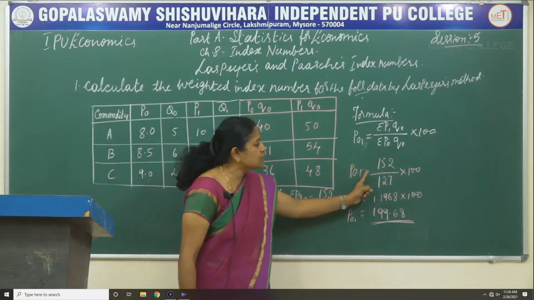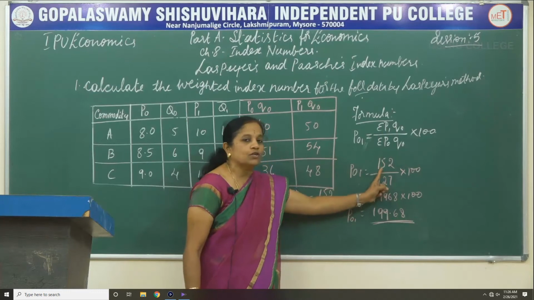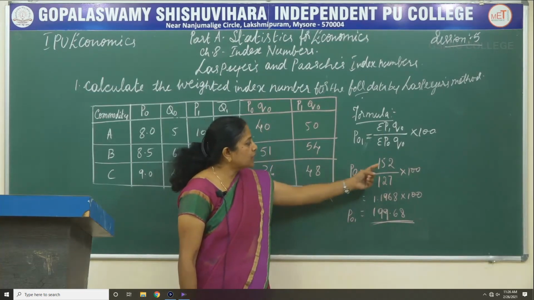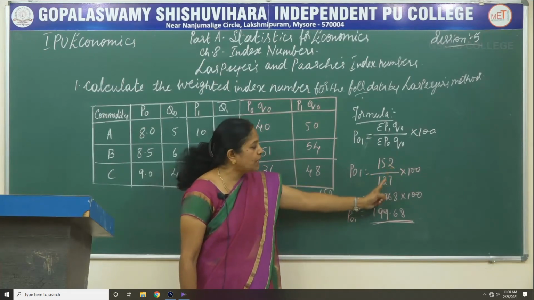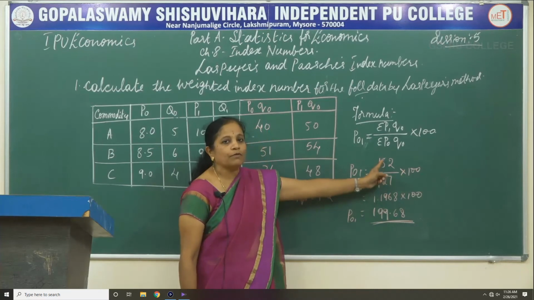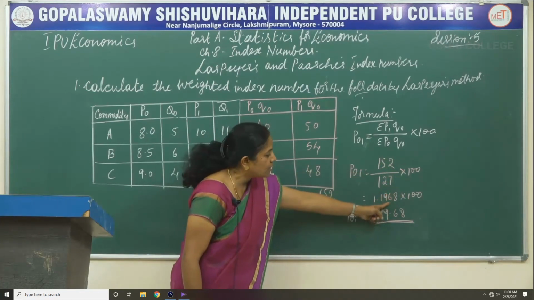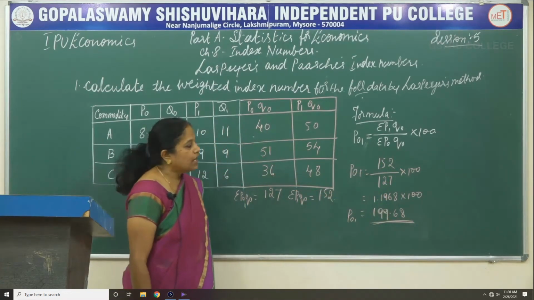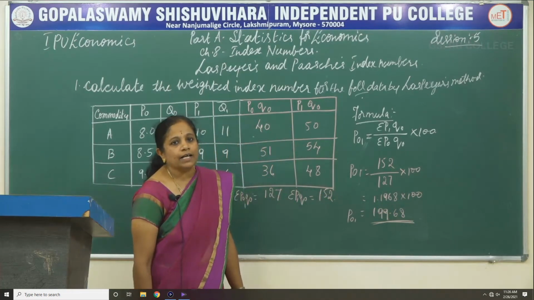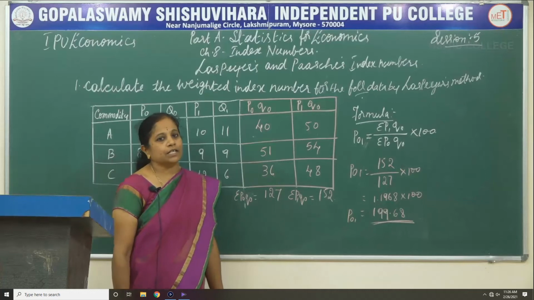The formula asks you to write sigma P1 Q0 at the top, that is the numerator. So in the numerator we write 152 and the denominator is 127, multiplied by 100. So 152 divided by 127 is 1.1968, and it is multiplied by 100 because you all know that index numbers are expressed in percentages.